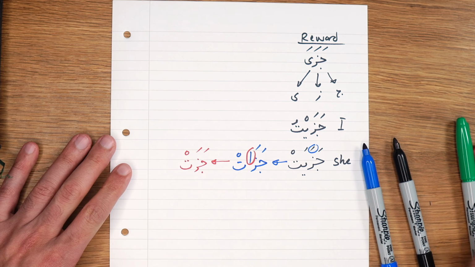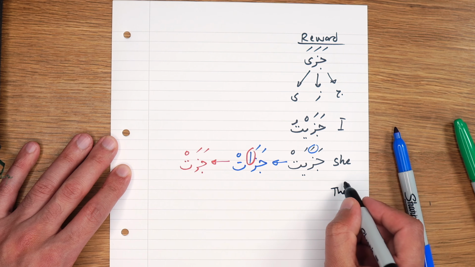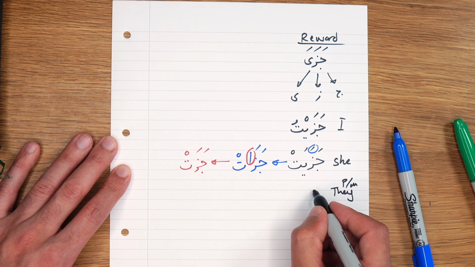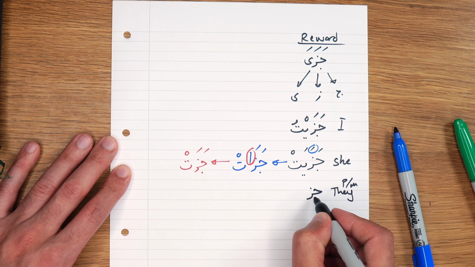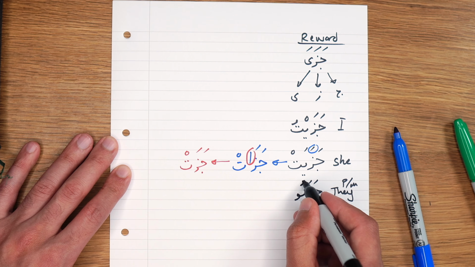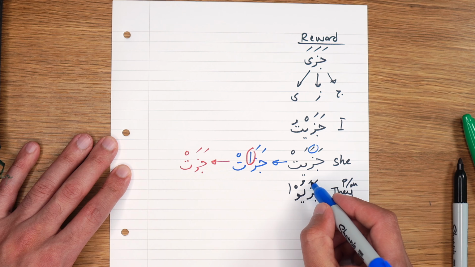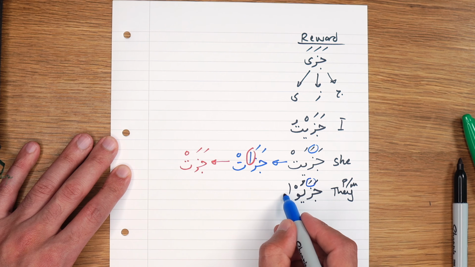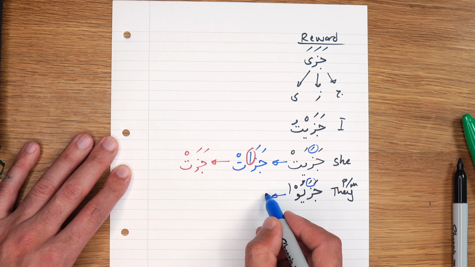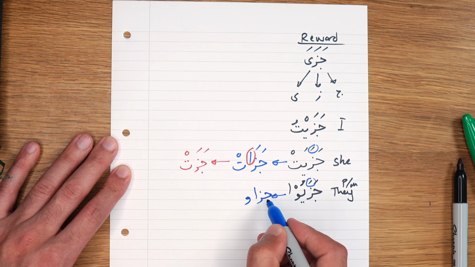How would you say they, they plural masculine? Normally you'd think you're going to say jazayu. However, over here you can't do that, because again you've got the fatha before it, so it's going to become jazaaw.